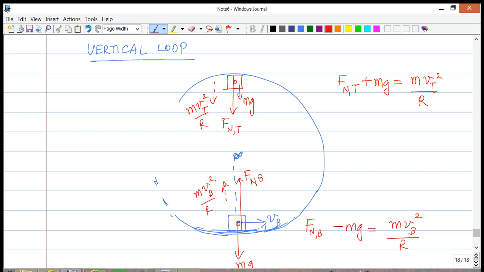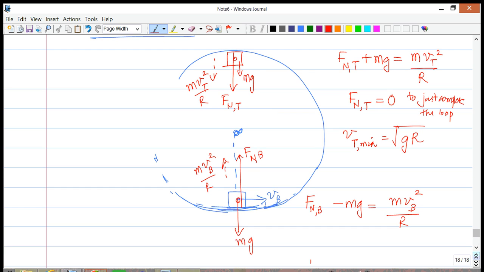Once again, you probably guessed the condition for this object to be able to complete the loop. For it to just complete the loop, Fn top equals 0. We can use this to figure out the minimum speed, and so this v top, let's call it minimum, is nothing but the square root of g times r, just like we had the square root of g times L for the previous problem.